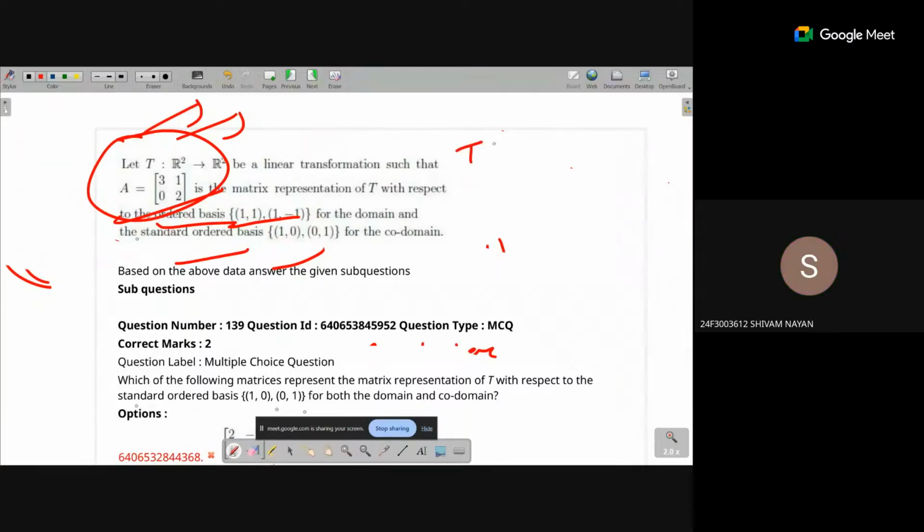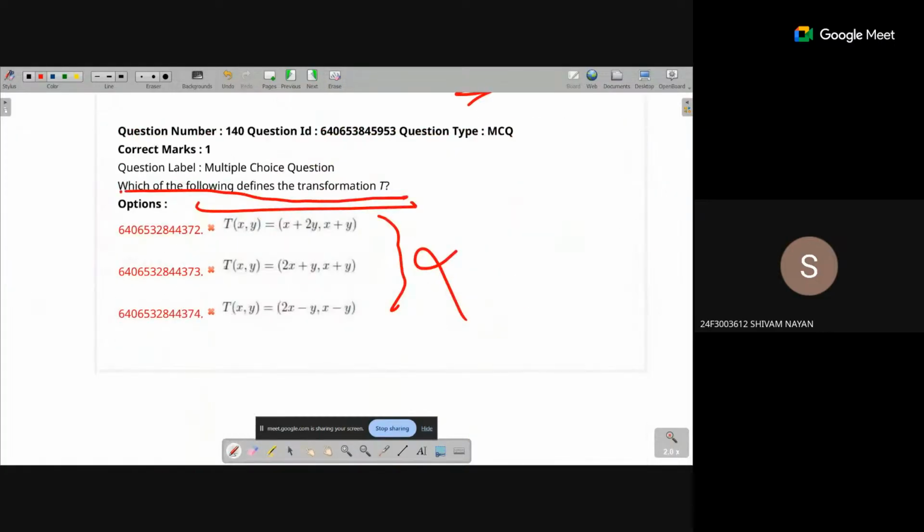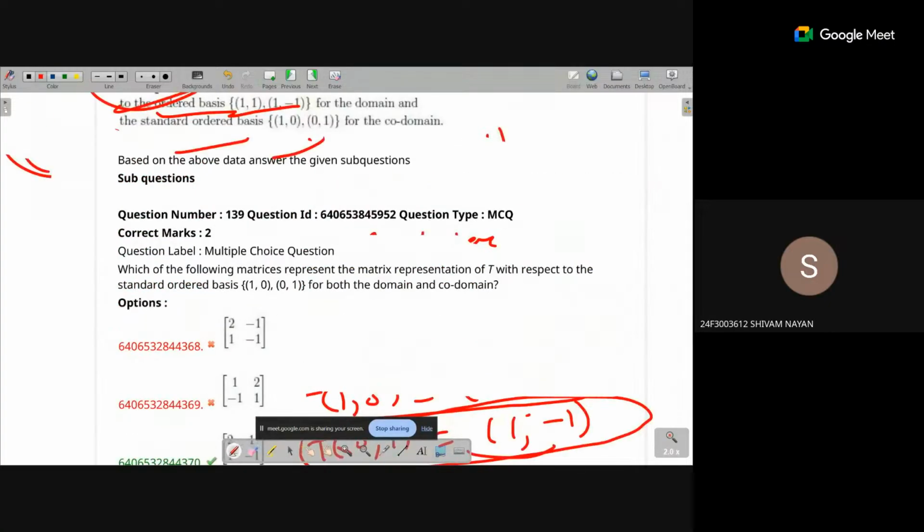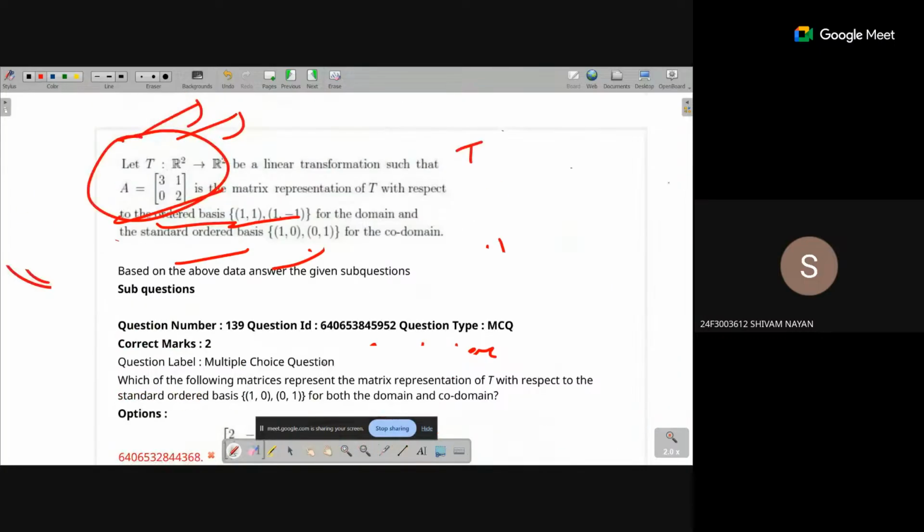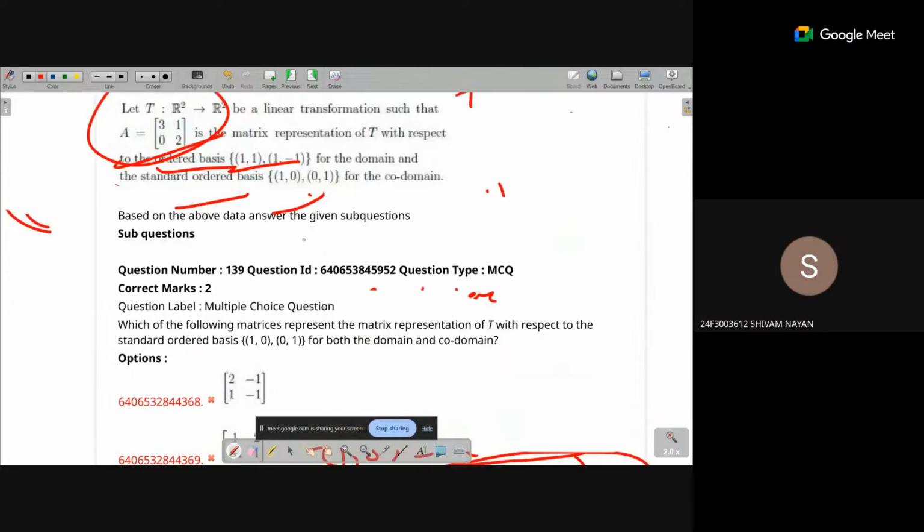I am saying, for 1 comma 0, write it as a combination of 1 comma 1 and 1 comma minus 1, and then I can get the transformation of 1, 0 from there.